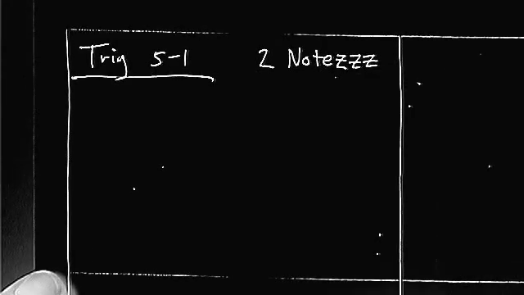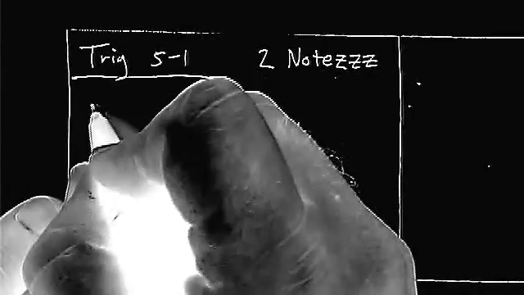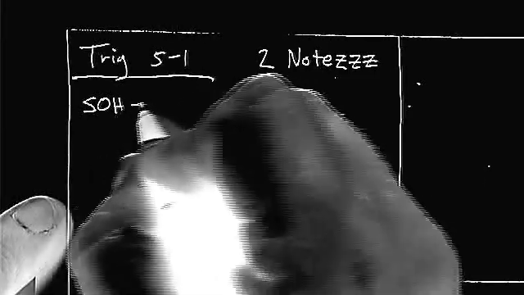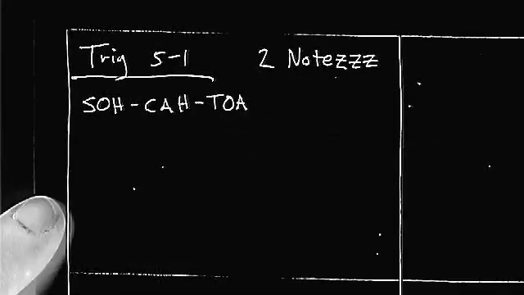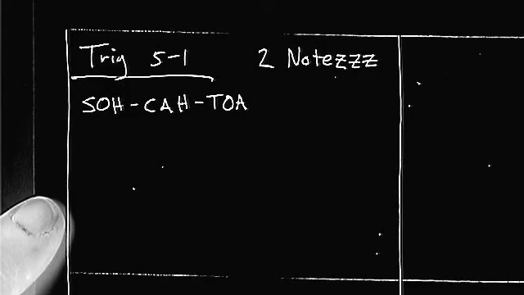Okay. I need to refresh your memory about some things. This won't take a long time, but I do need to refresh your memory. We're dealing with right triangles first.